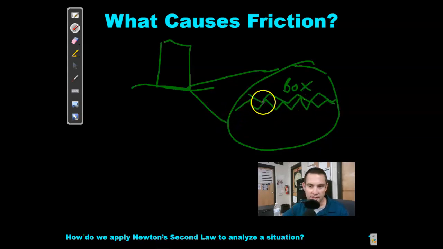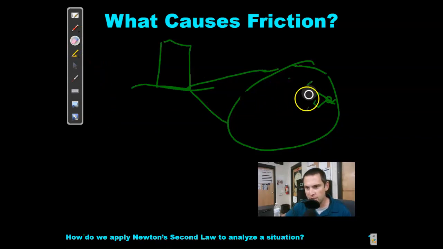So as long as that box is sitting right there, then you'll have these bonds happening at these random places, and the bonds are strong or not strong, depending on what's in the box. If it's a lot heavier, then you're going to have a lot more push down, and you're going to have more points of contact for these bonds to form. So the idea of these little teeth, I think, helps to understand what friction actually is and how it prevents sliding.